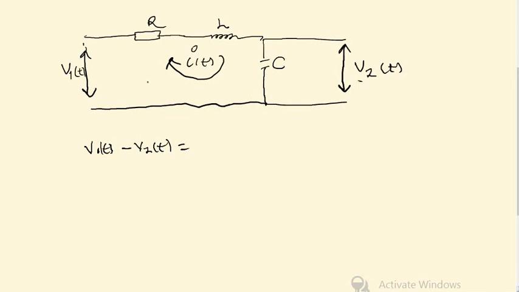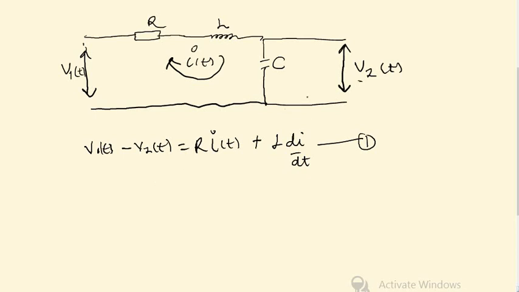The voltage across this resistor will be equal to the resistor times I, that's I of t, the current flowing across the mesh, plus the voltage for the inductor, which is given as L di/dt. So this one is equation 1.